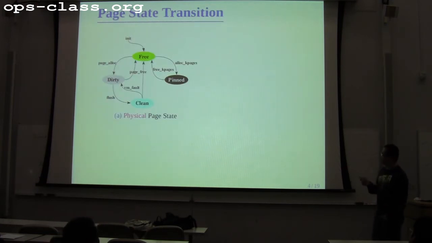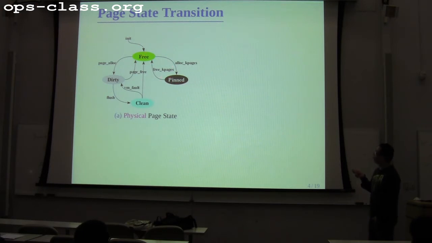So this is the physical page state transition graph. Initially, all the remaining pages are in the free state, right? When we call kmalloc, which in turn calls alloc_kpages, that page becomes pinned in memory.